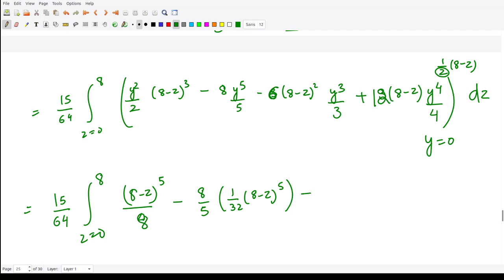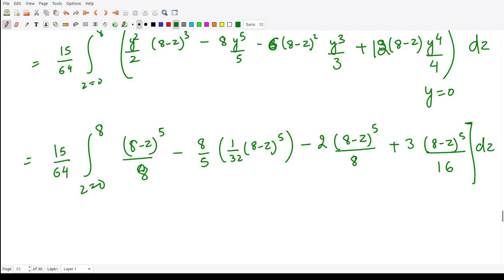And then we have minus 2 (8 minus z) raised to power 5 by 2 to the power 3, that is 8. And we have 3 (8 minus z) raised to power 5 by 2 to the power 4, that is 16. So this is what we have. So let's simplify this a little more.